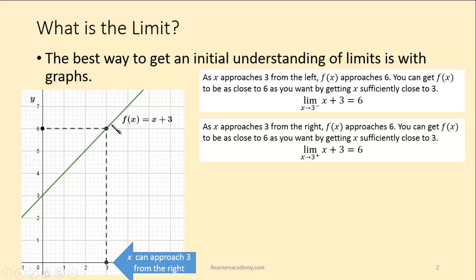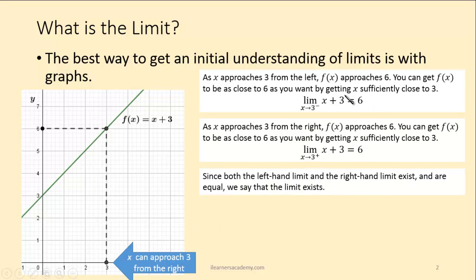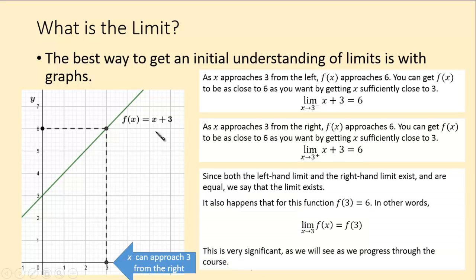In other words, you can get f of x to be as close to 6 as you want by choosing an appropriately close enough value for x. In this case, since both the left-hand limit and the right-hand limit exist and are equal, we say that the limit exists. And that limit is going to be equal to 6.